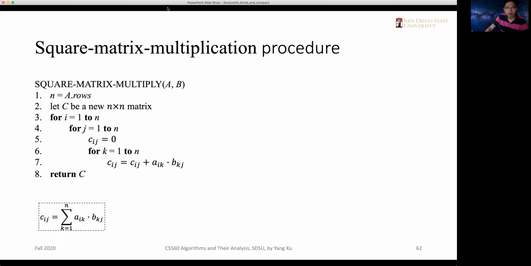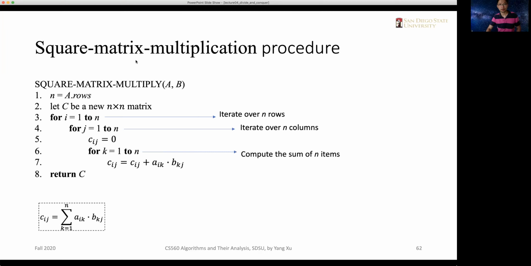So in the triple for loops here, the outermost for loop i iterates over the n rows, and the inner part goes through n columns, and the innermost for loop is the loop for computing the element at row i and column j.